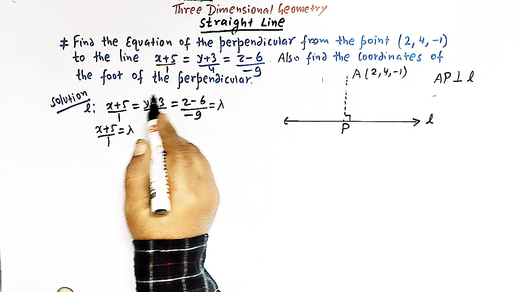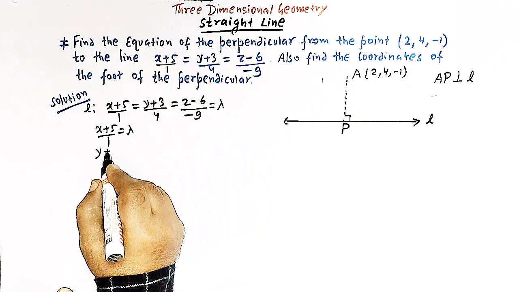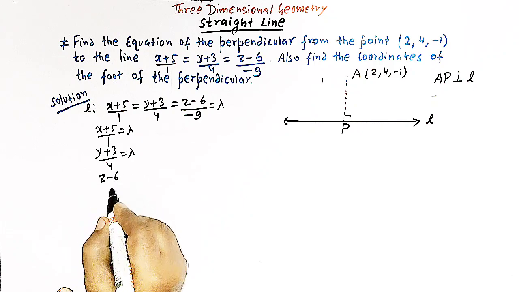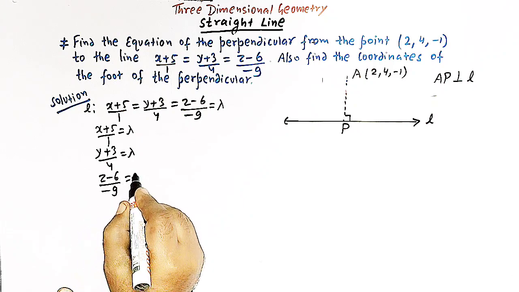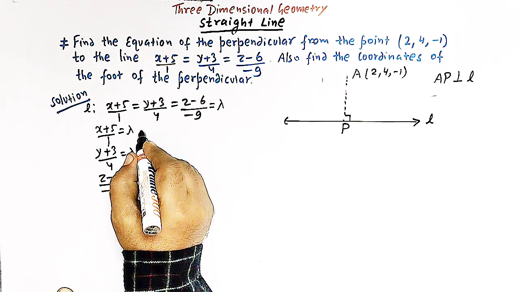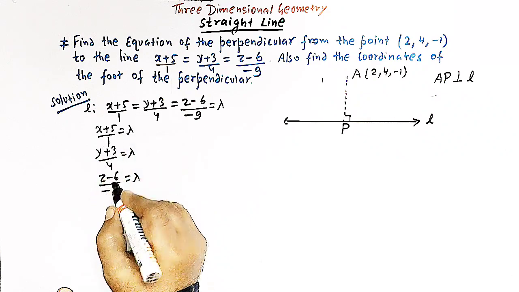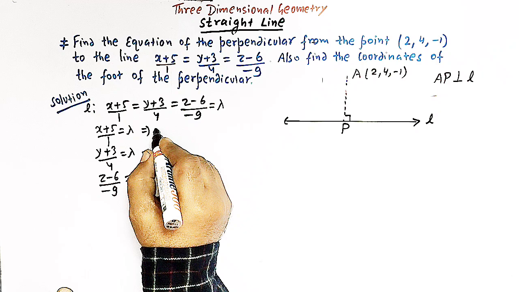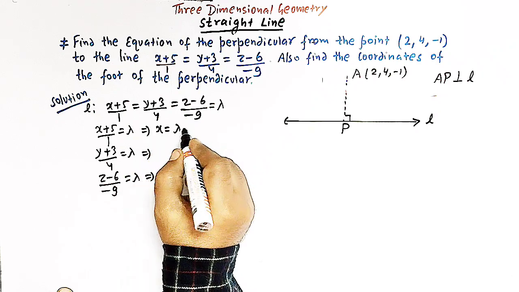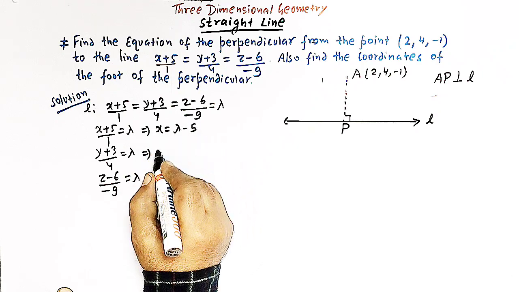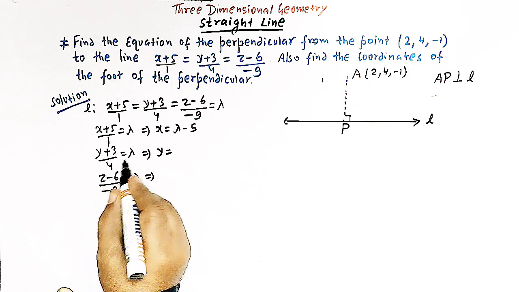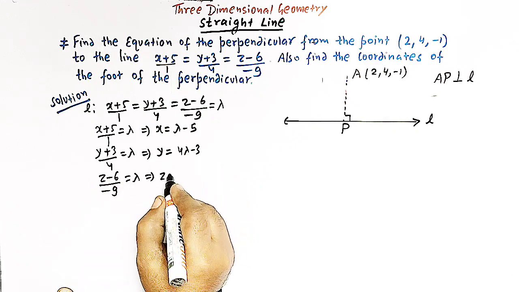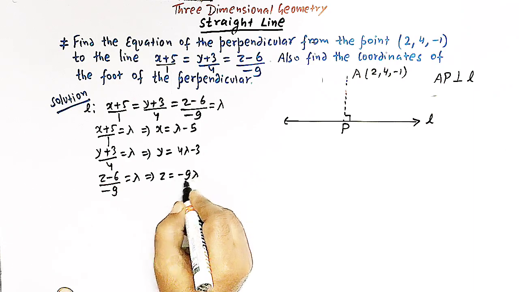So we'll frame three equations: (y plus 3)/4 = lambda, and (z minus 6)/(minus 9) = lambda. Solving these for x, y, and z, we can now write x = lambda minus 5, then y = 4 lambda minus 3, and then z = minus 9 lambda plus 6, right?